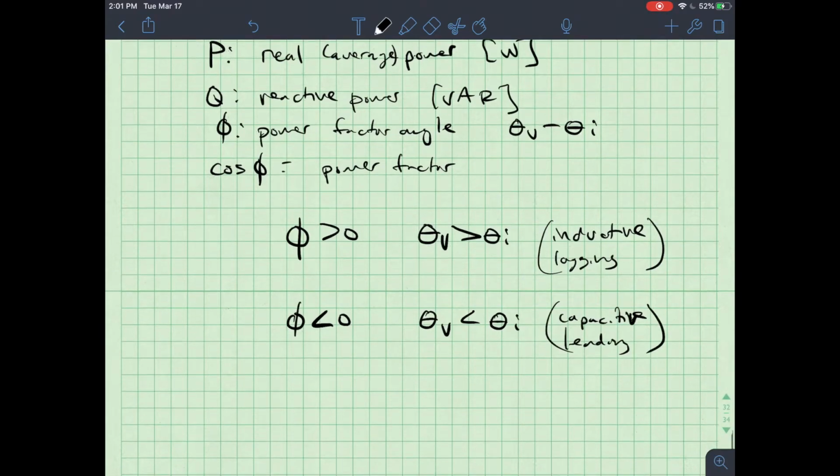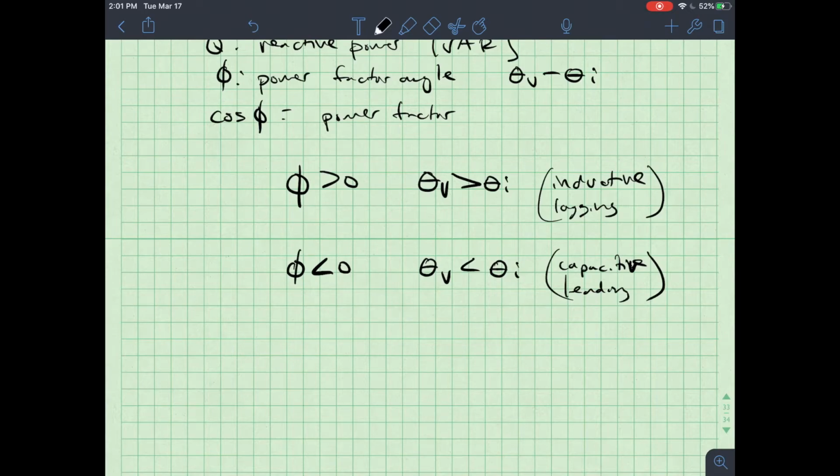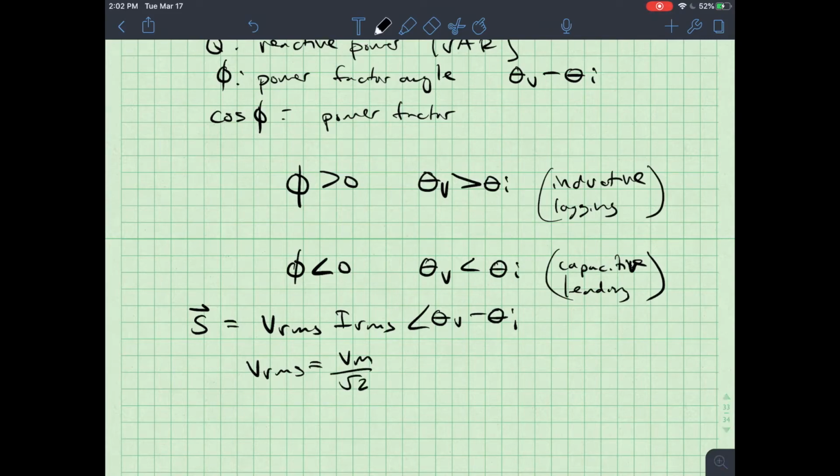Now, let's talk about how I actually calculate these things. S phasor is V RMS I RMS angle theta V minus theta I. Let's pause for a minute. I know V RMS is just going to be my peak over the square root of 2 because I'm working with sinusoids here. And I RMS is just Im over the square root of 2.